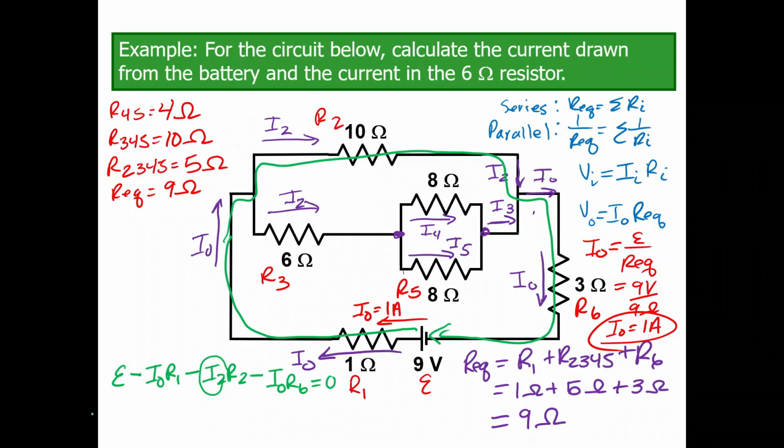So what this tells me is that I2R2 has to equal E minus I0R1 minus I0R6. So that tells me that I2 is E minus I0R1 minus I0R6 all over R2.